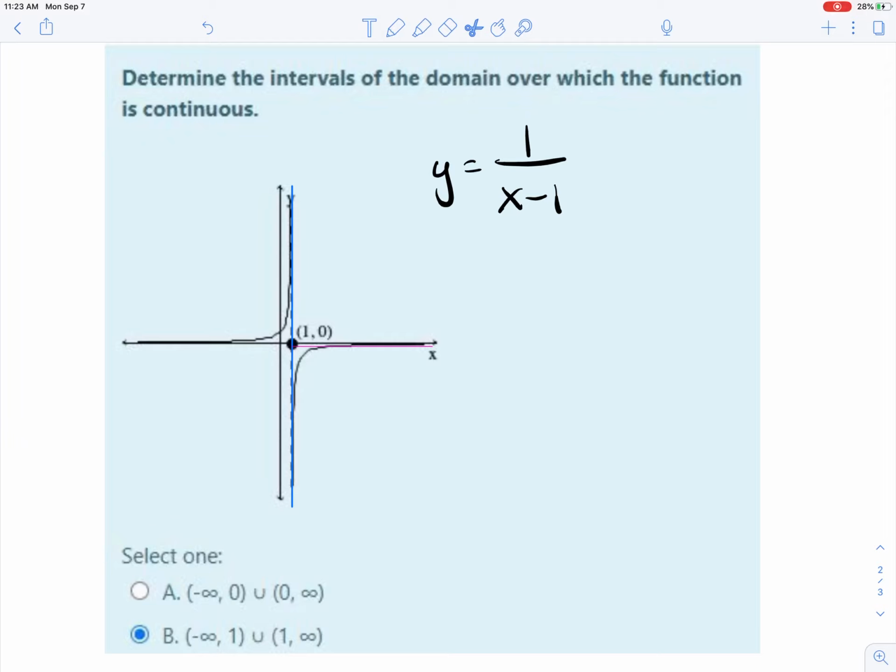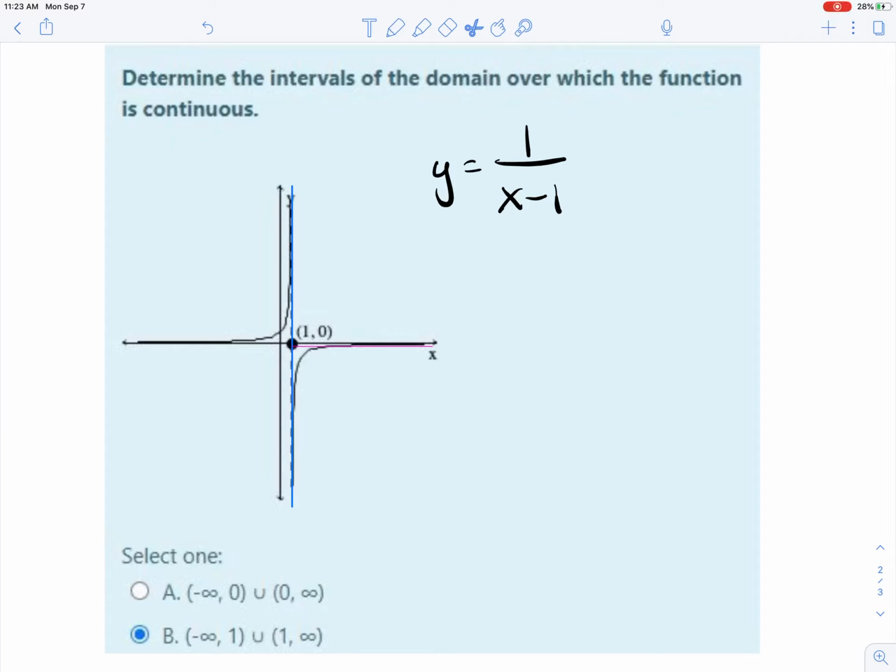Wait a minute. Okay, normally, see how this one has a point? I was going to say it's going to be undefined when x is 1, but they defined it when x is 1. So every point to the left of 1 is defined, every point to the right of 1 is defined, and it's defined at 1, so everything is accounted for.